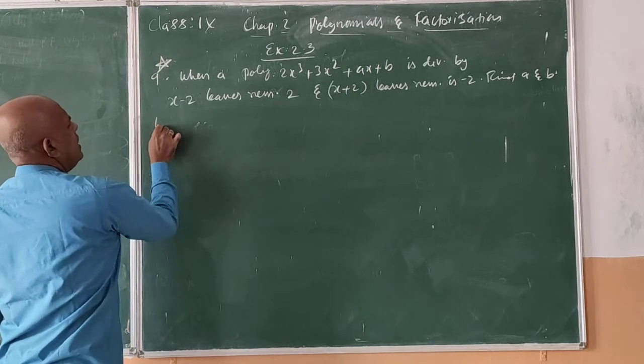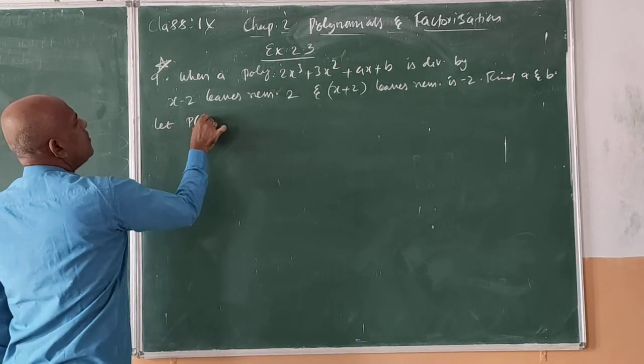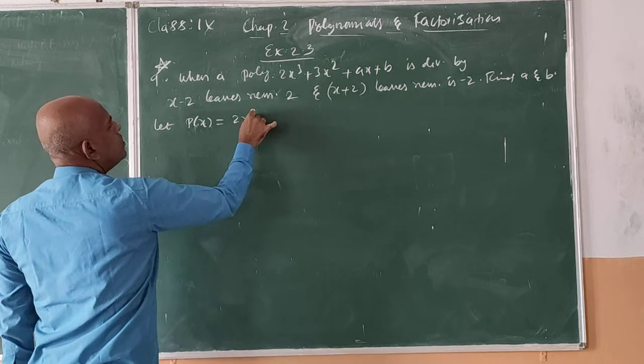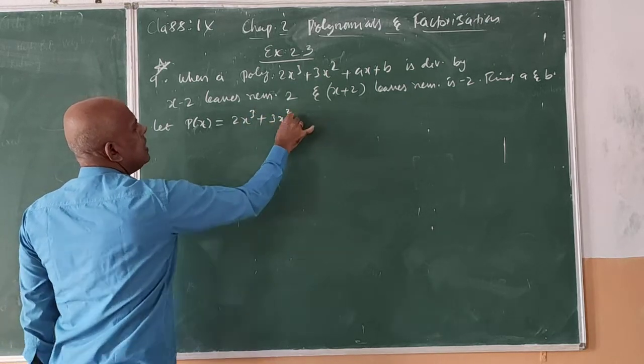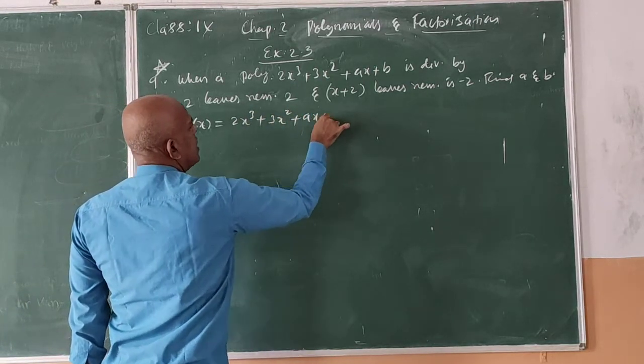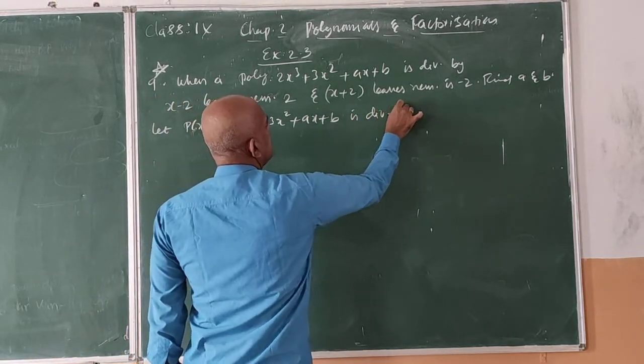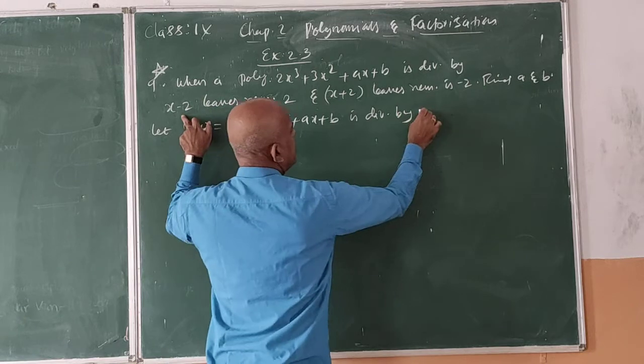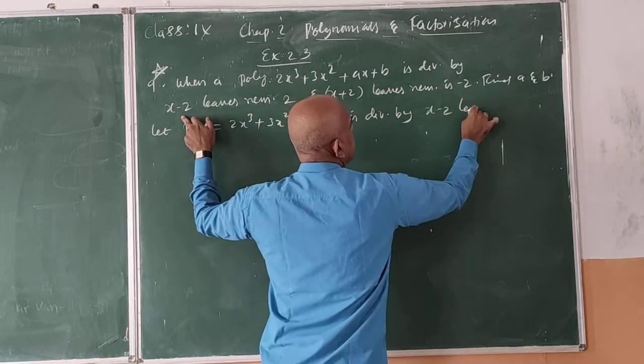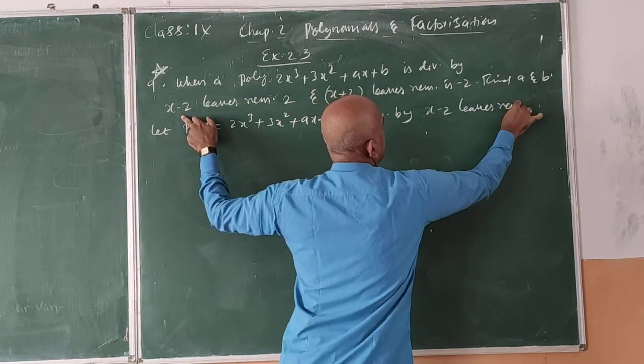So now let p of x be equal to 2x cube plus 3x square plus ax plus b. It is divided by x minus 2 and leaves remainder 2.